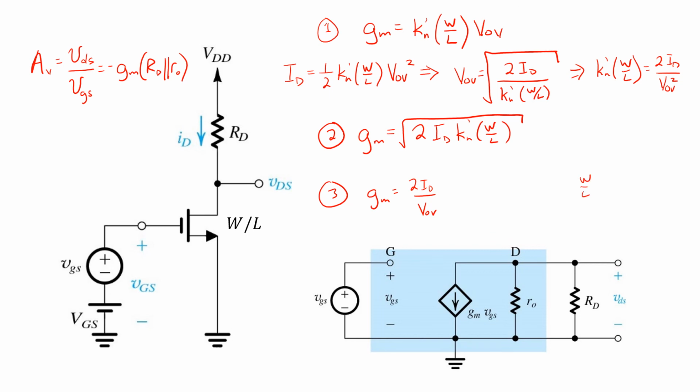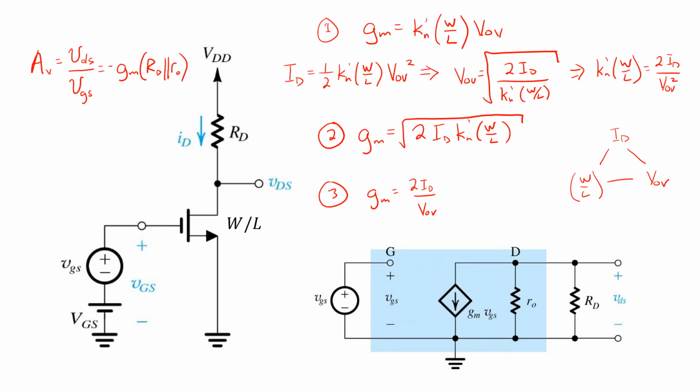The W over L of a transistor, and at any given operating point, its overdrive voltage and its drain current are 3 variables with really only 2 degrees of freedom. If you know any 2 of these, and the transistor's in saturation, you can find the third one.